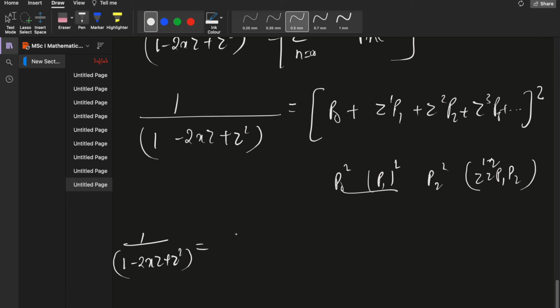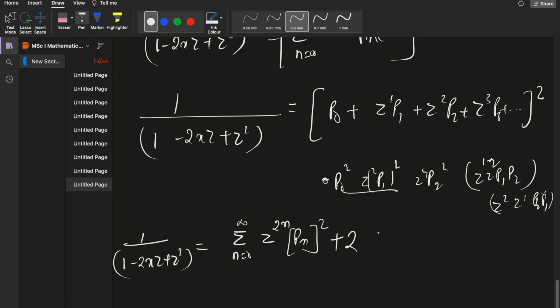One term will be in square form: summation n tends to 0, z to the power 2n Pn(x) square. The other terms will be the cross terms like z to the power m plus n Pm Pn, summation m, n equals 0 to infinity, when m does not equal n.